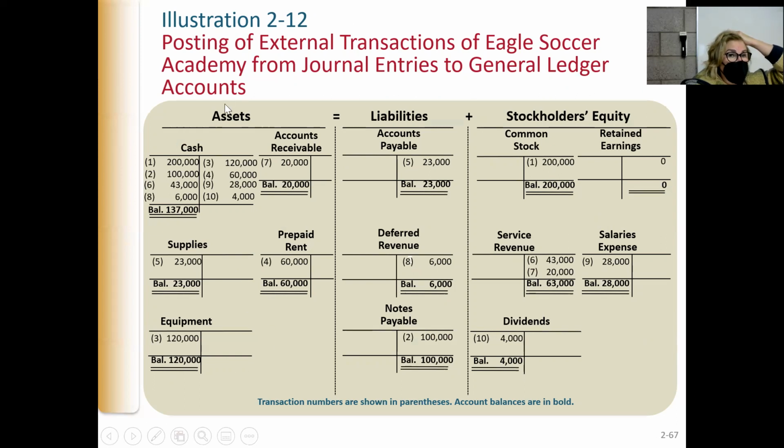Do you see, if we were to take our assets and show our cash balance, our accounts receivable, prepaid rent, our total assets will still equal our total liabilities plus our stockholders' equity.